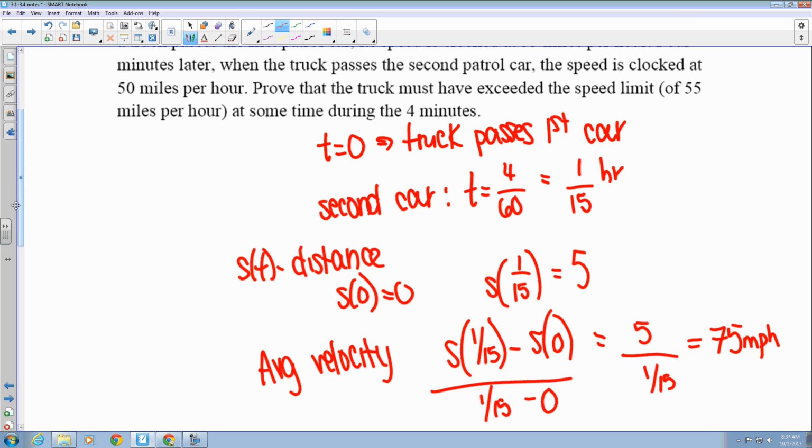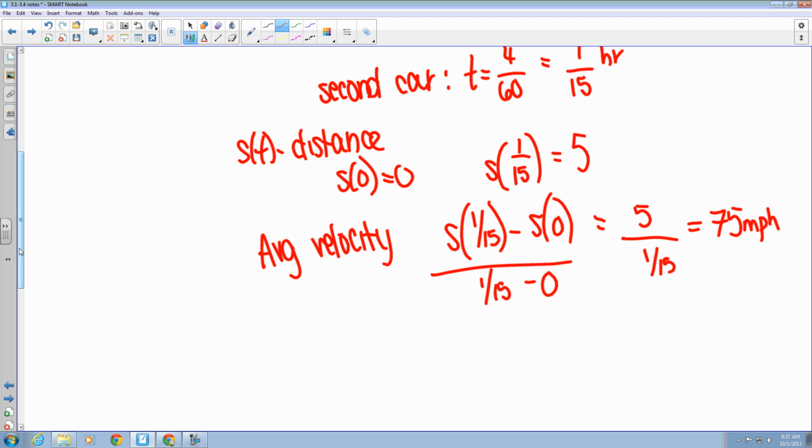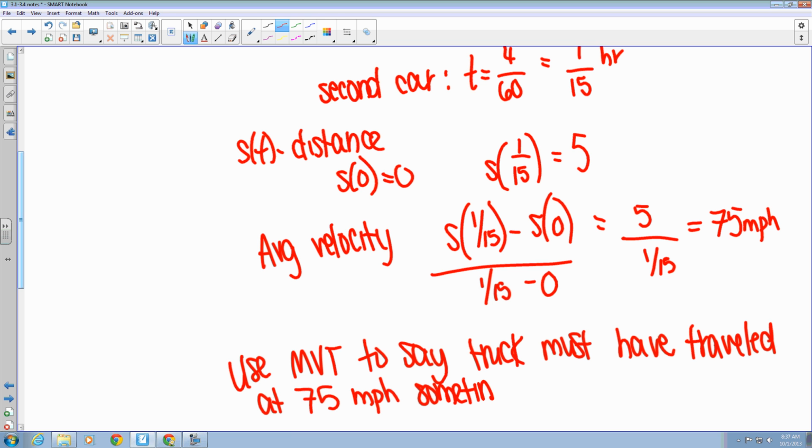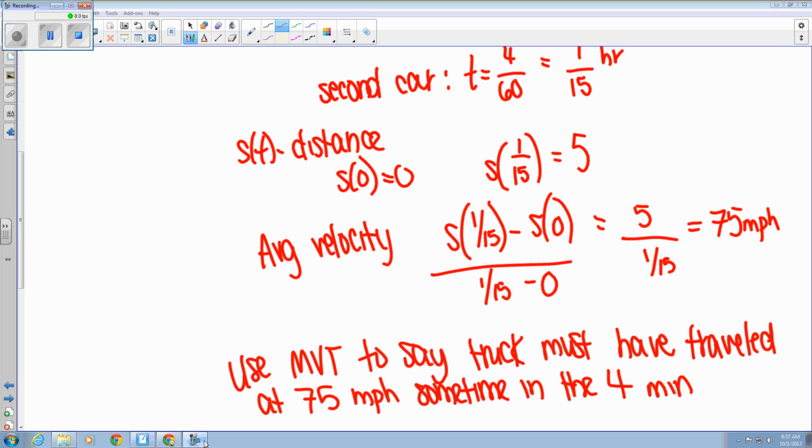So we're using the Mean Value Theorem to say the truck must have traveled at 75 miles per hour sometime in those 4 minutes, which is definitely exceeding the speed limit. Okay, and that was section 2 on Rolle's Theorem and the Mean Value Theorem.